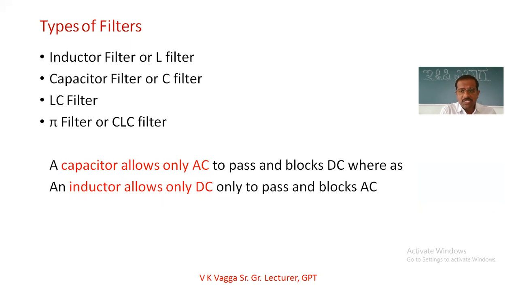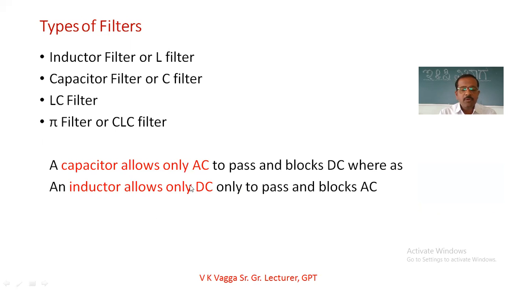If you take the basic working of the capacitor and the inductor, a capacitor allows only AC to pass through it and blocks the DC. Inductor operation is opposite to the capacitor. An inductor allows only the DC to pass and blocks the AC.